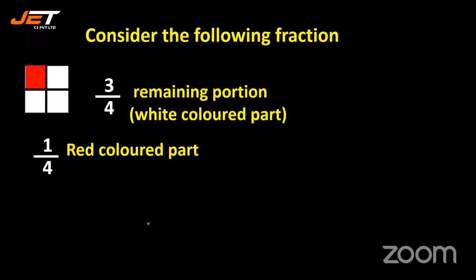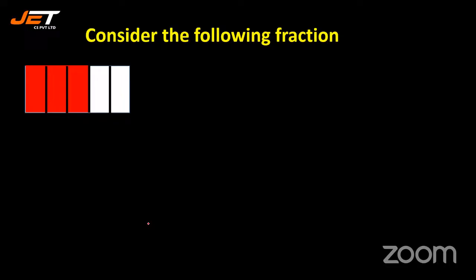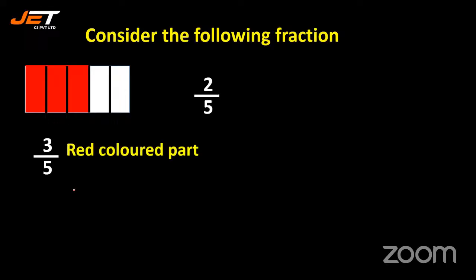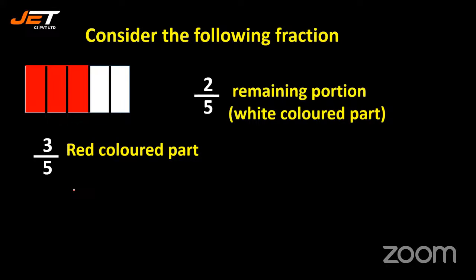The remaining this. 3 parts are red and 2 are not red. That means white. That means that is not colored. Okay. Now here, 3 by 5. 3 parts out of 5 equal parts are red colored parts, and 2 parts out of 5 equal parts, that is the remaining portion, or we can say the non-colored parts.